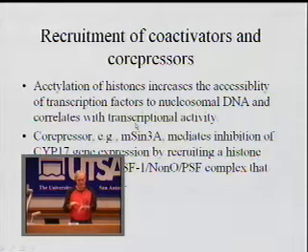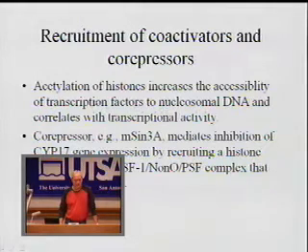Of course, that just creates opportunities for other transcription factors to loosen up the double helix so that the start site is more available for the transcription factor complexes, including the RNA polymerase, to bind.